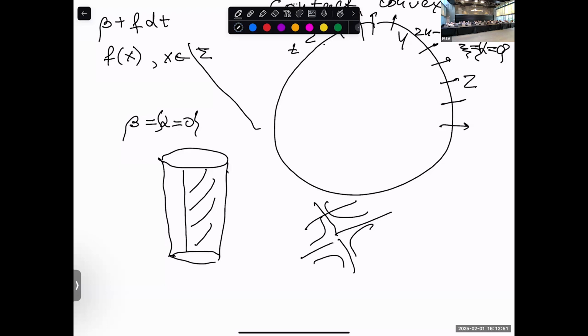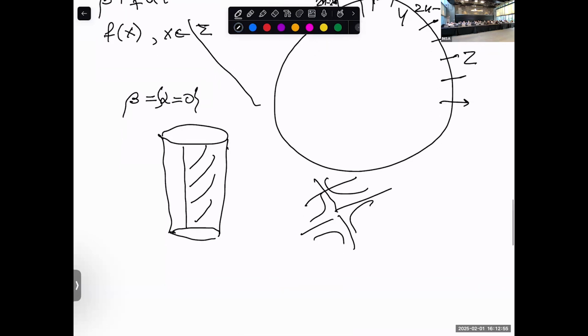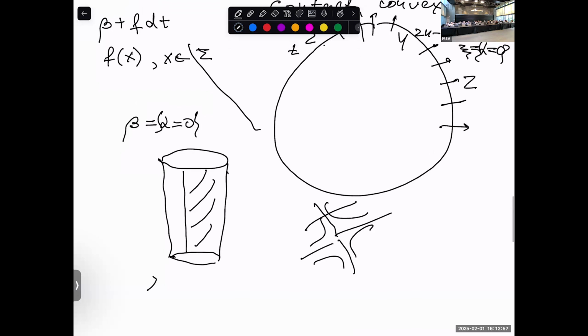Now it's very easy to check: from the contact condition, it follows that the level set f equal to 0 is a regular level set of the function.